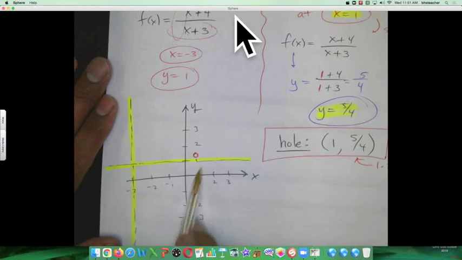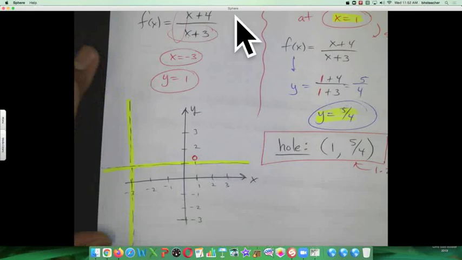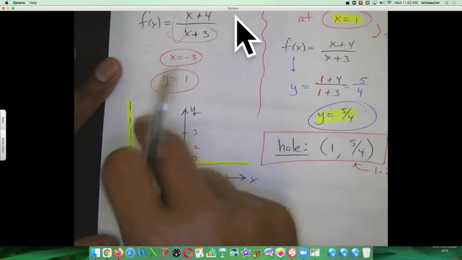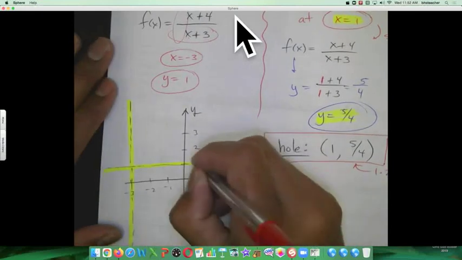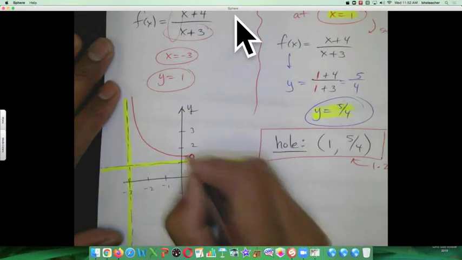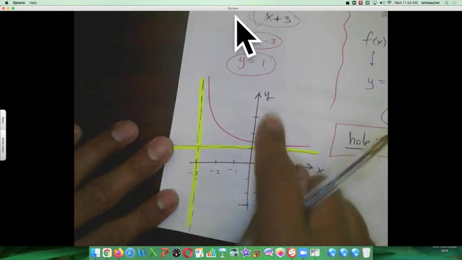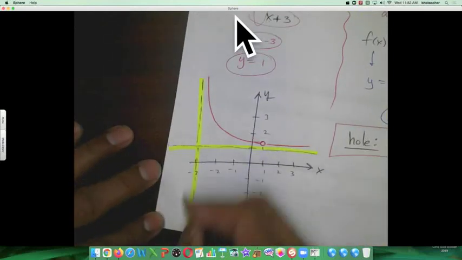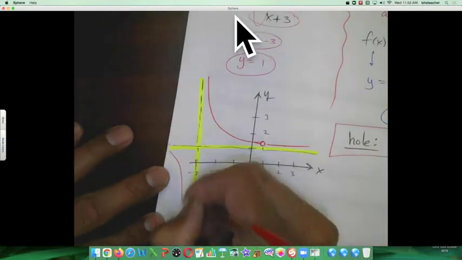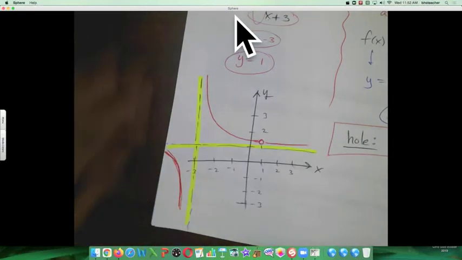That just tells me that if the hole is in this quadrant, the curve has to go here, because the hole has to be on one of the curves. And if one of the curves is here, the other one, oh man, I ran out of paper, is going to be on this opposite quadrant over here. There's two of them. They always come in pairs. They're opposite and diagonal.